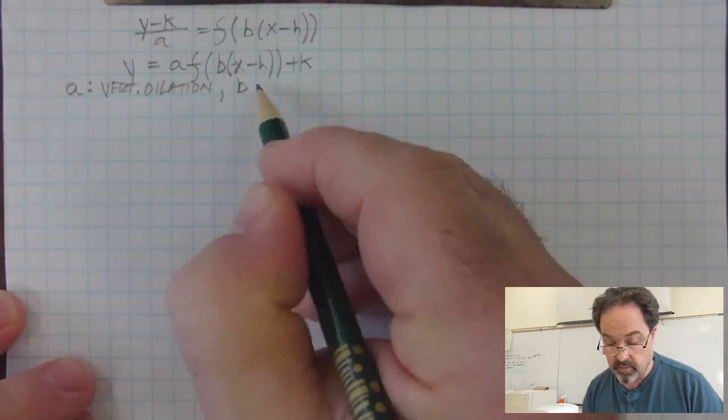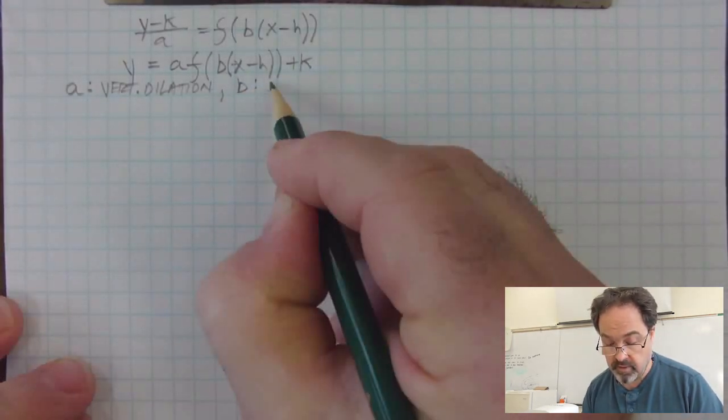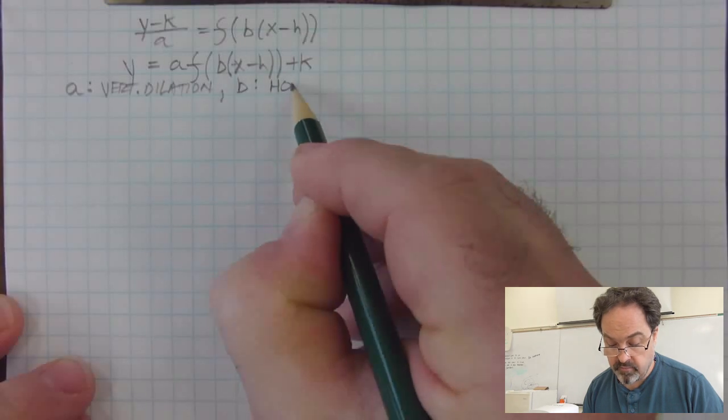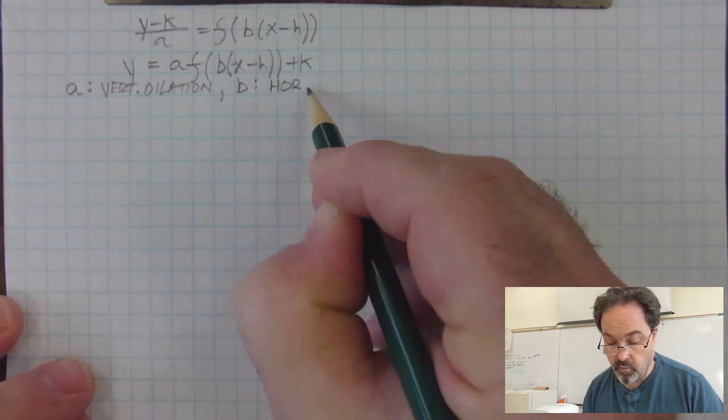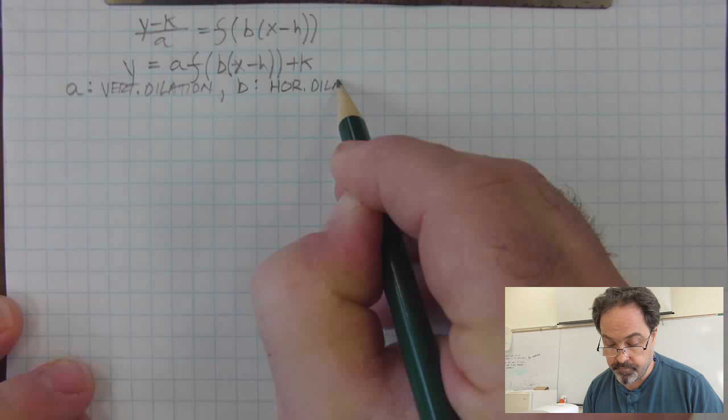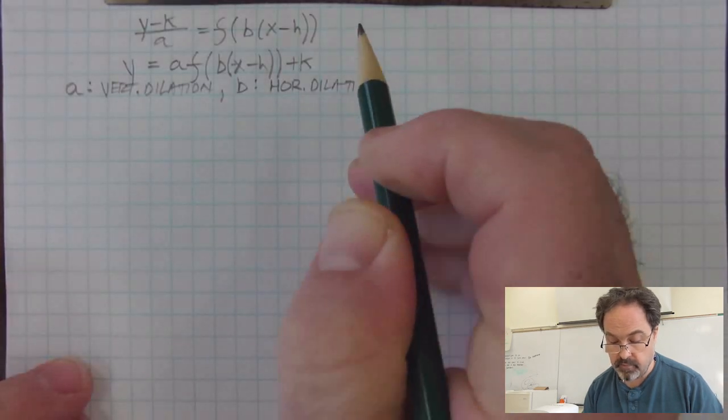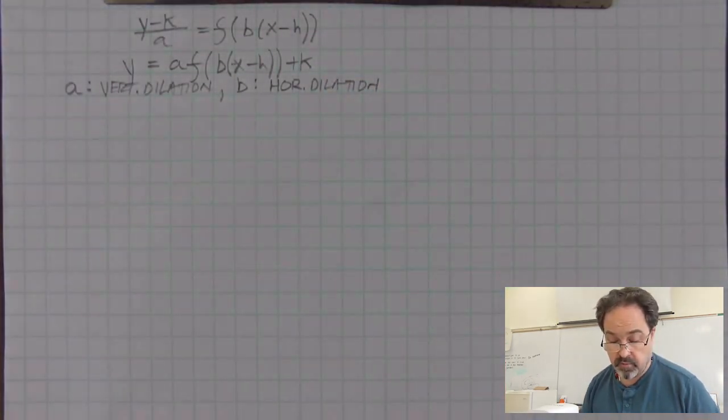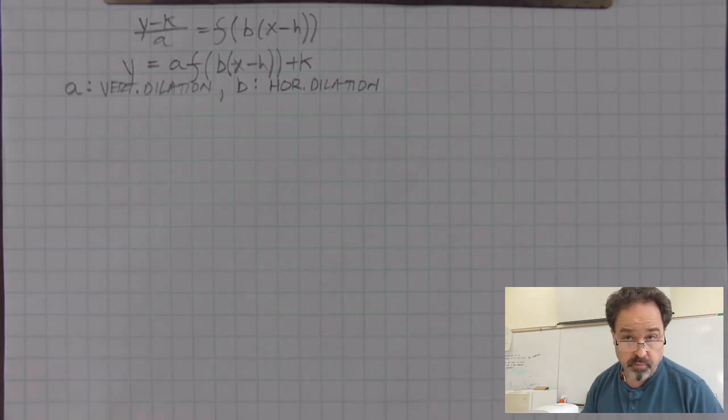B is grouped with x, and b affects a horizontal dilation. And of course, depending on the value of b, it's either going to stretch or compress horizontal distances.